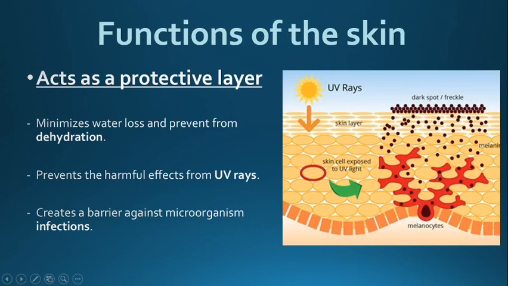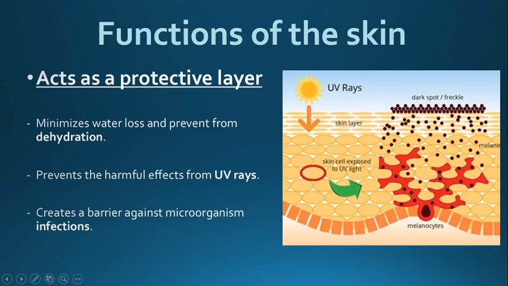When sunlight falls on our skin, it activates melanin production from melanocytes. This melanin comes to the top layers of the skin and makes a dark spot. We call these dark spots freckles.